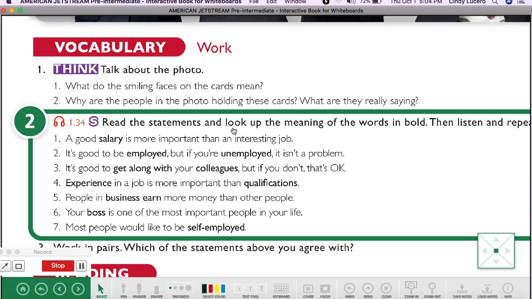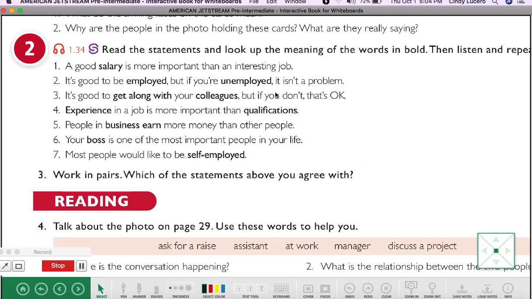Look up is like search, okay? So, you will find the meaning and write it into the notebook, okay? That's the first exercise. You will take a photo of your notebook and put it into the document.